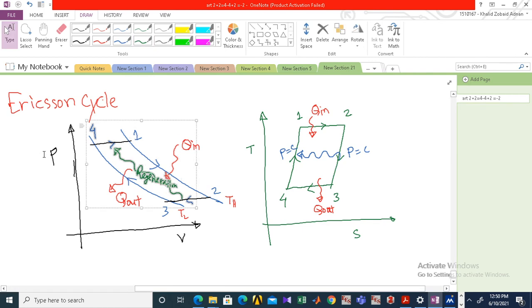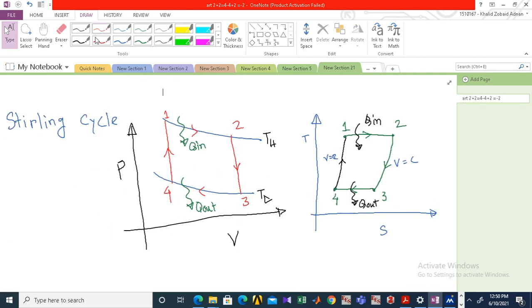And the same goes for the constant volume process, where the regeneration is like this. From 2 to 3 the system rejects some heat, and this heat is heating up the 4 to 1 process. So this is regeneration in this process, and in the TS diagram it is this. So this heat is regenerated.